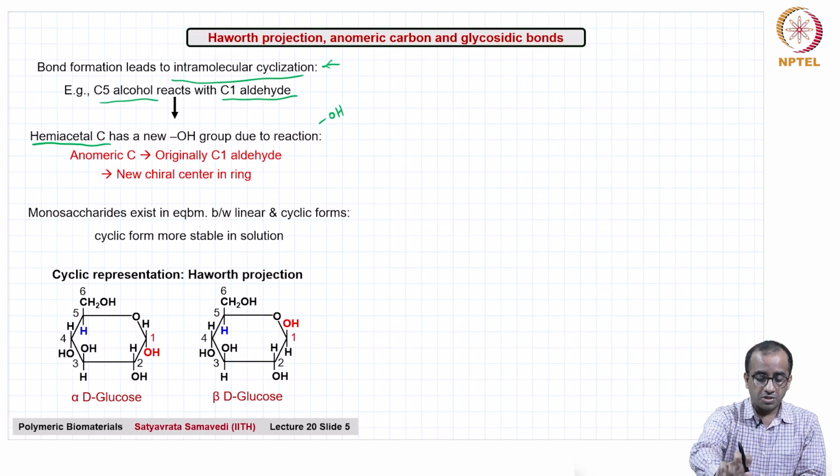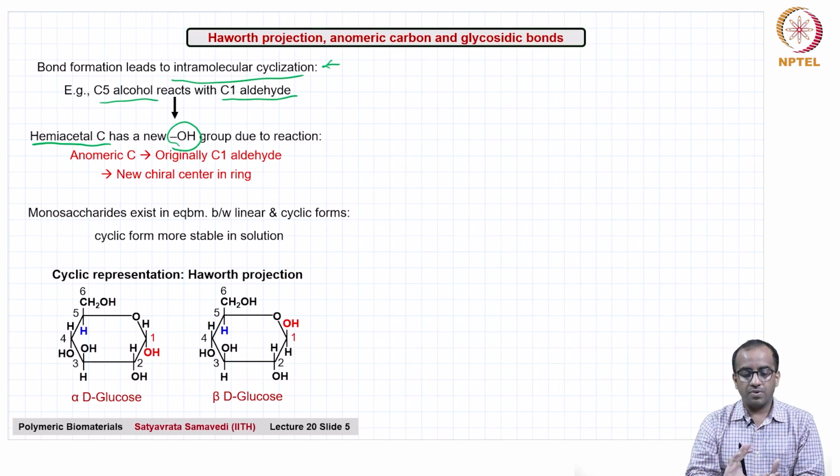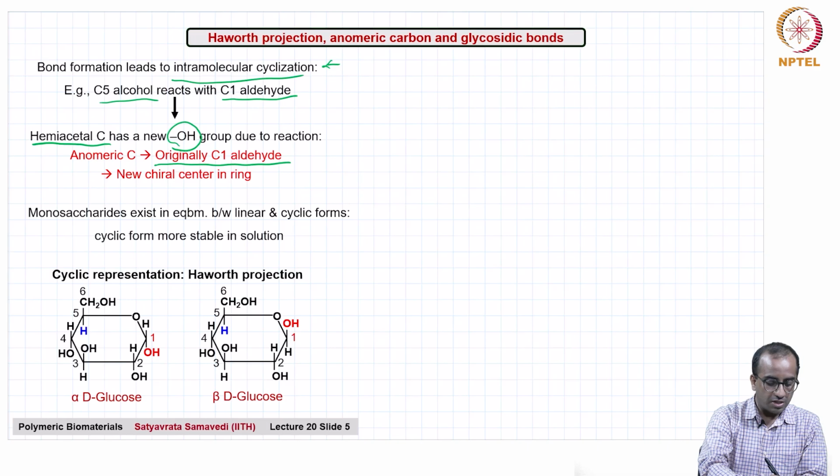And due to this new ring formation, there is a new OH group that is formed, and the carbon that was originally the aldehyde, that is the C1 carbon in the linear form that we saw earlier, now becomes a new chiral center in the ring form, and that is called the anomeric carbon. So I have mentioned a couple of different words here. One is a hemiacetal carbon, which is simply a carbon that is linked to OR on one side and OH on the other side, as shown here.